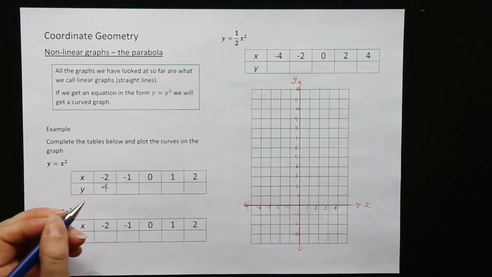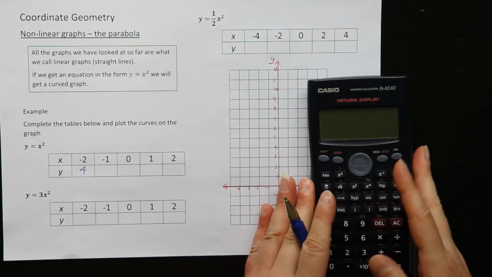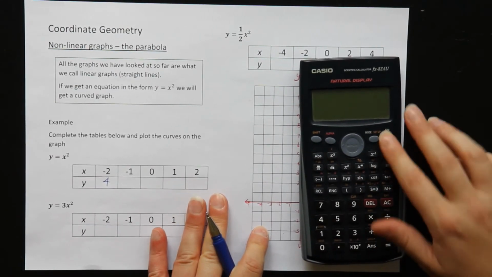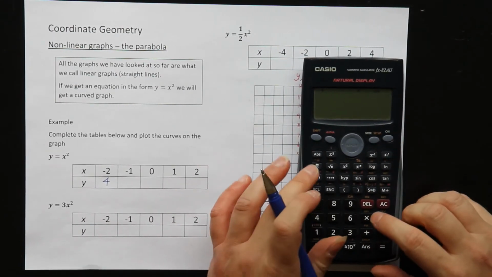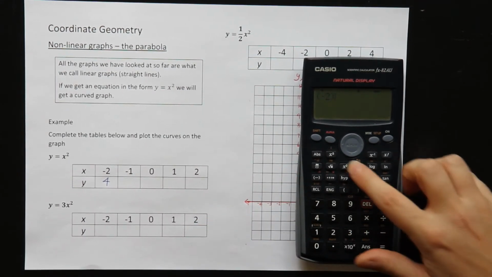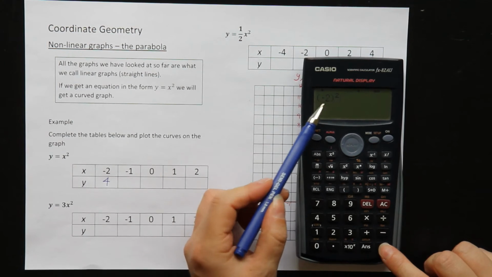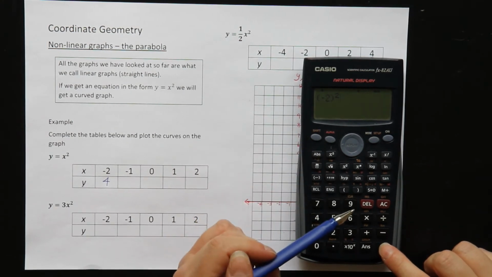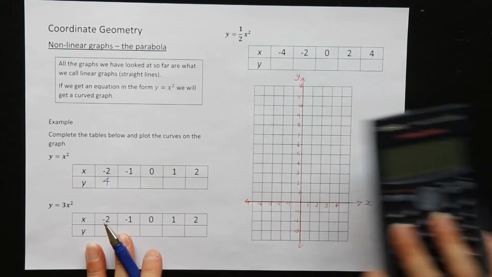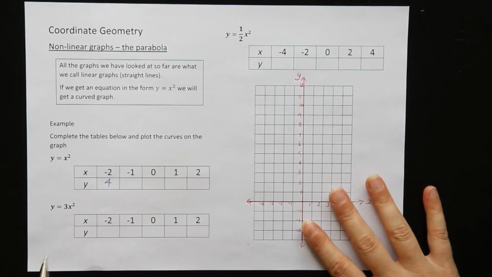Now again, if you're not comfortable doing these calculations in your head, just get your calculator out and type in minus 2 squared. You'd need brackets for minus numbers. If you don't include the brackets, then it won't square the minus. So you get a positive 4. Okay, now let's look at the next number.